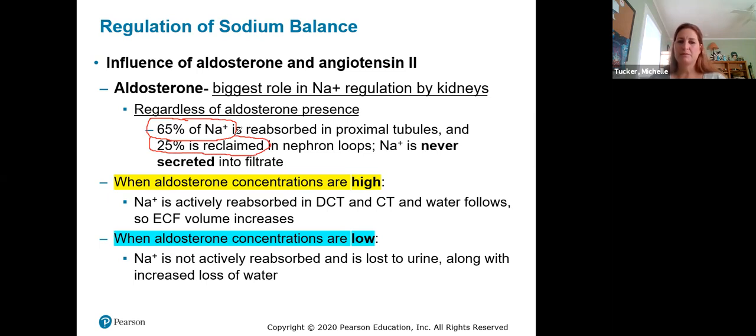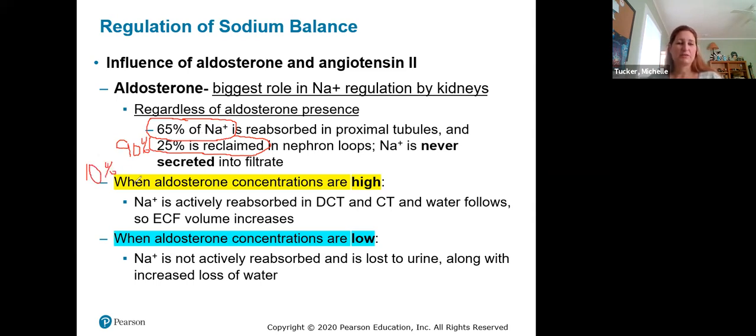And we don't always say reabsorbed because it's also used for that osmotic medullary gradient. But 25% is reclaimed in the nephron loops. Sodium is never secreted into the filtrate. So if you do the math, 90% of sodium is obligatory reabsorption or reuse. Otherwise, we wouldn't be able to maintain plasma volume under any circumstances. So then we're going to look at what happens to the other 10%.